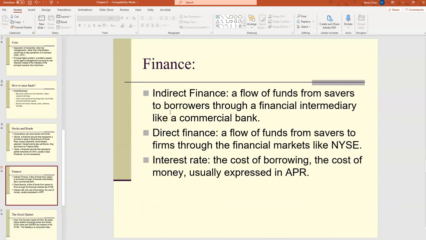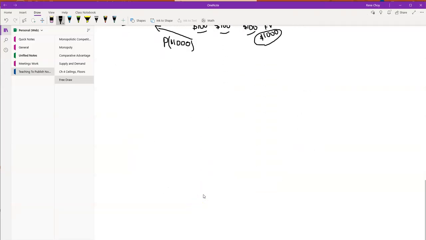All right, now what exactly is the purpose of the stock market, and why do we need banks? Let's talk a little bit about basic finance, or the basic transfer of money in a financial system.